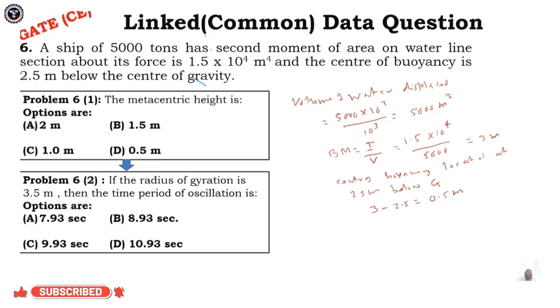So option D is the correct option, 0.5 meter. Okay. So this is the solution to this problem.